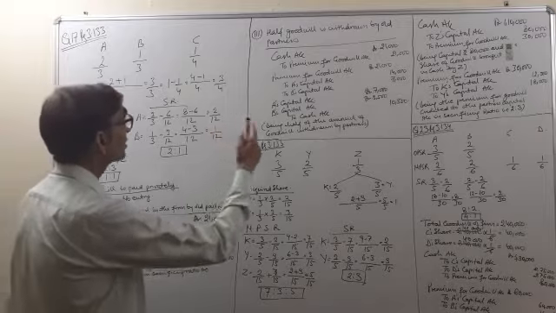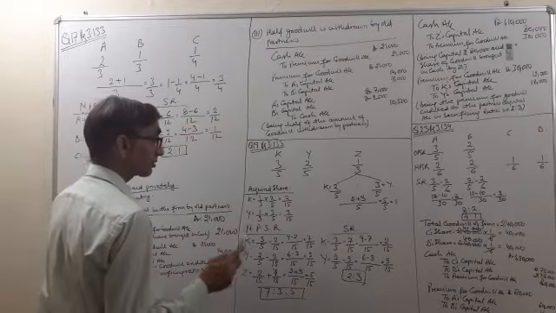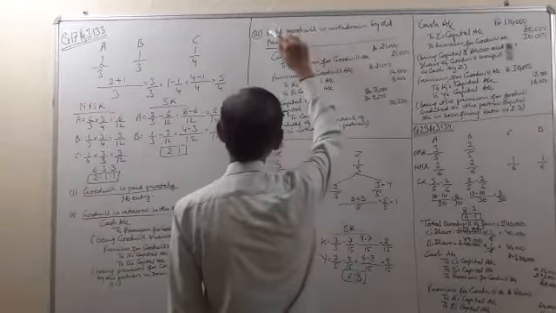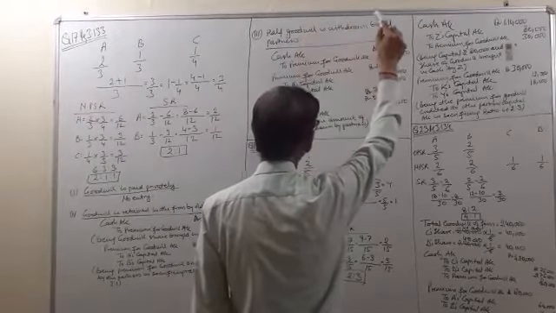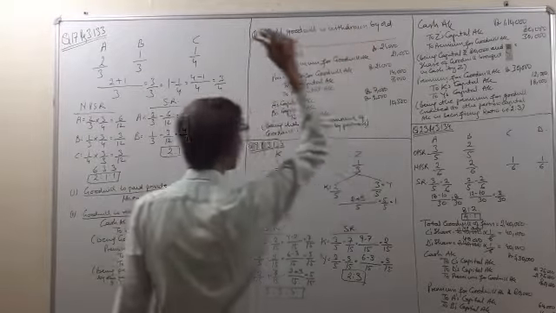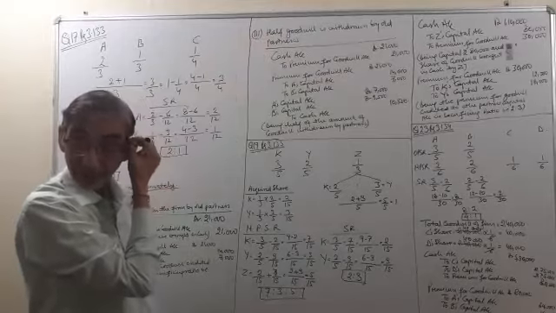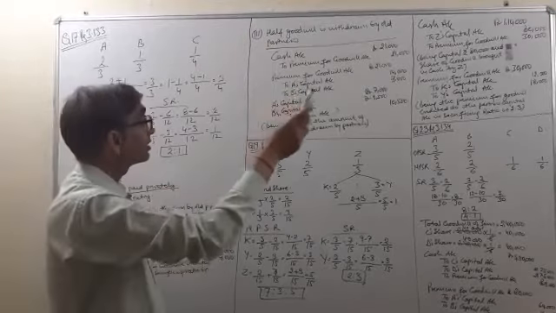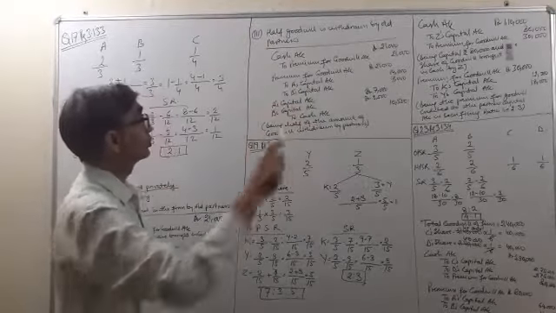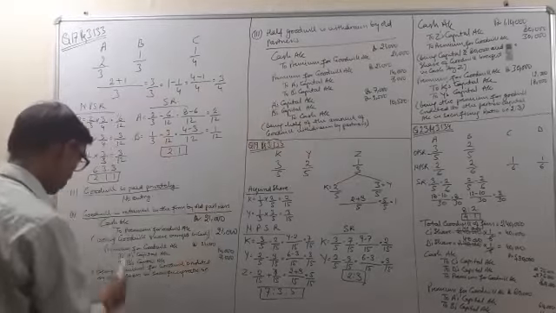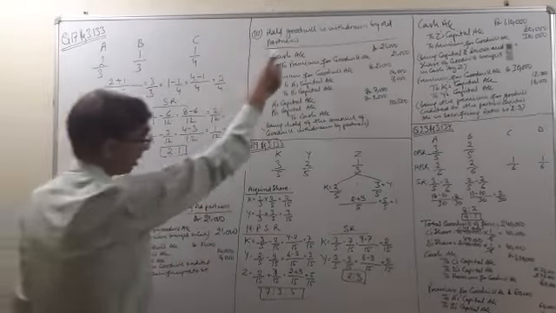Now the third case is, as per the question, half of the goodwill is withdrawn by the old partners. In this case, you will pass these two entries along with the narration.